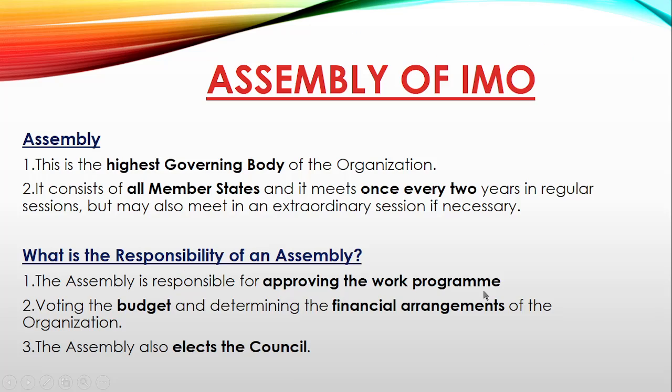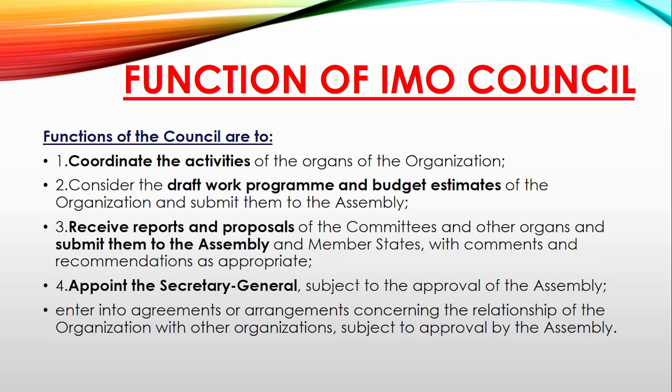So let's see the function of the council. It coordinates the activity of the organs of the organization. It considers the draft work program and budget estimate of the organization. It receives the reports and proposals of the committees and submits them to the assembly for approval. It appoints the Secretary General.